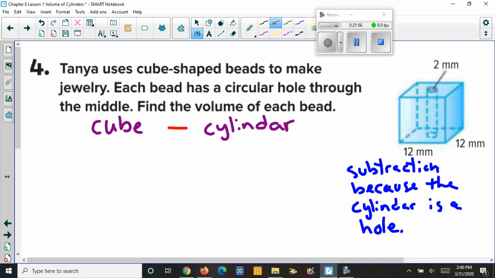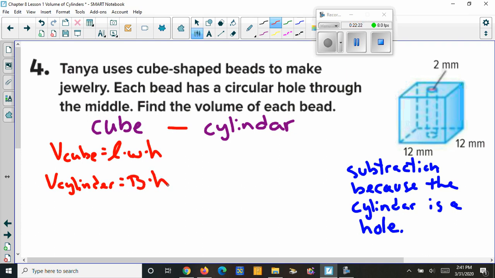When talking about a cube, we have a volume. So the volume of the cube is length times width times the height. For the cylinder, which is what this chapter focuses on, we know it's base area times the height. In this case, we got to go back to the picture and note something.